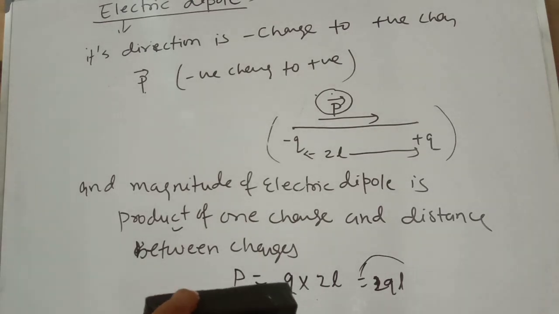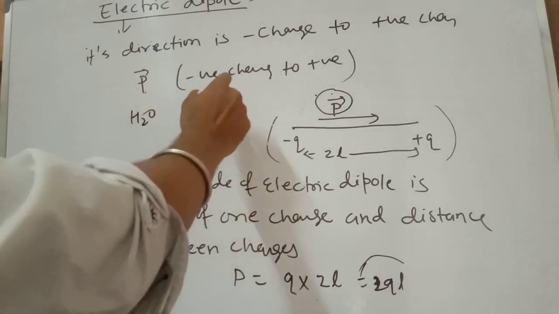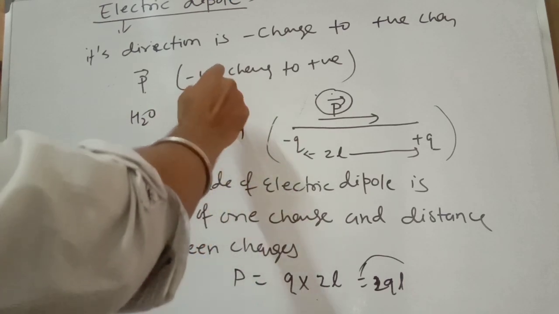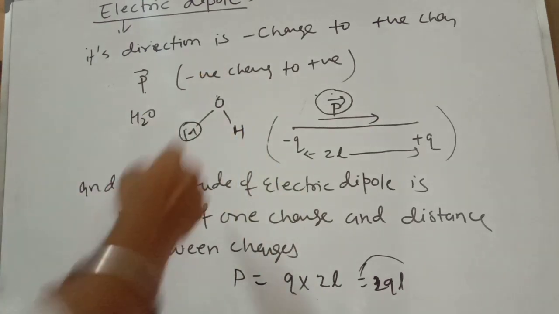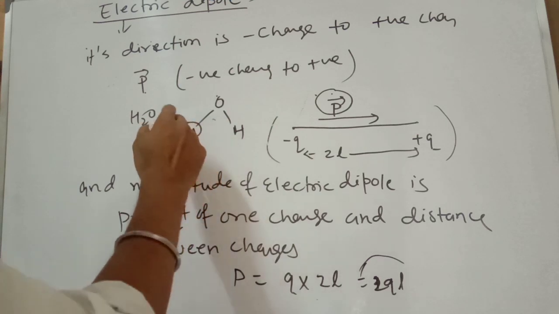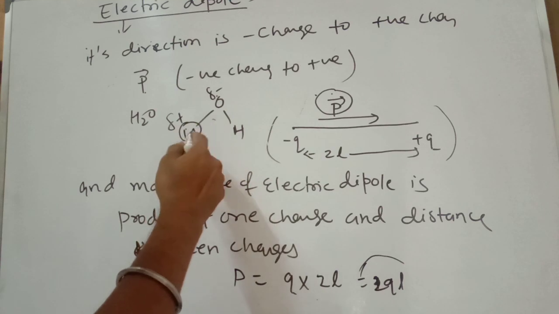The electric dipole moment also occurs in chemical compounds, due to electronegativity difference of groups of atoms in molecules. Like in chemistry, we consider H2O, that is O and H. When you compare electronegativity, O is more electronegative with respect to H. That means there is a partial positive charge here and a partial negative charge here, at a short distance.